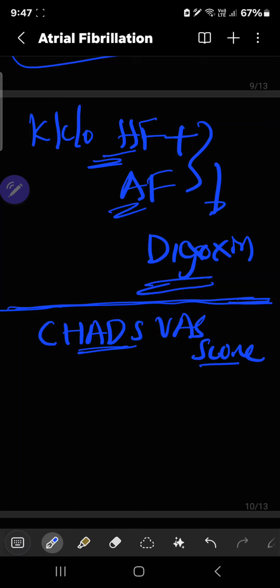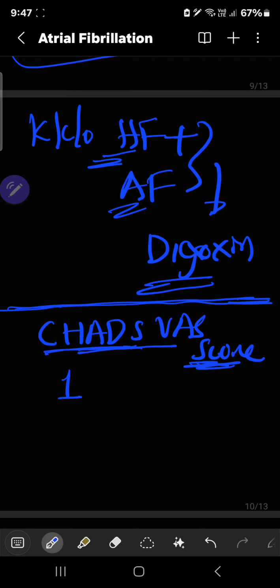In order to give anticoagulants for this patient, there is a scoring system called the CHA2DS2-VASc score. You can refer to it on Google. Basically this tells us how much risk the patient has of stroke. So you do the scoring.